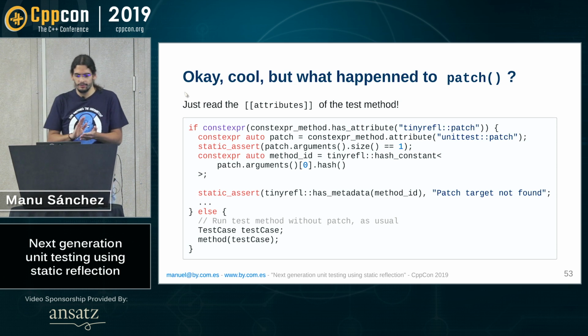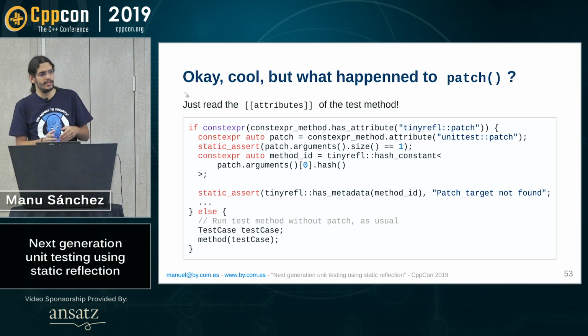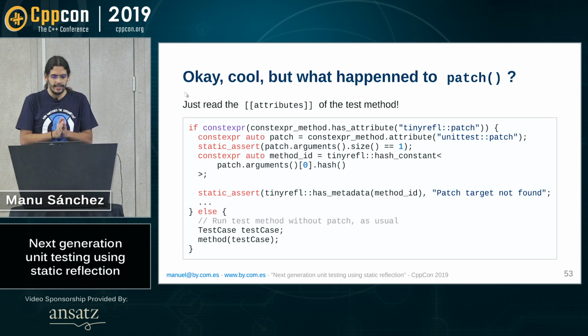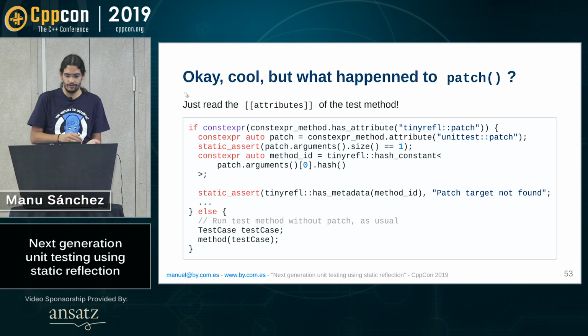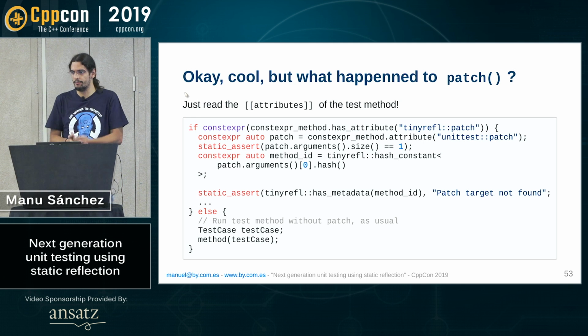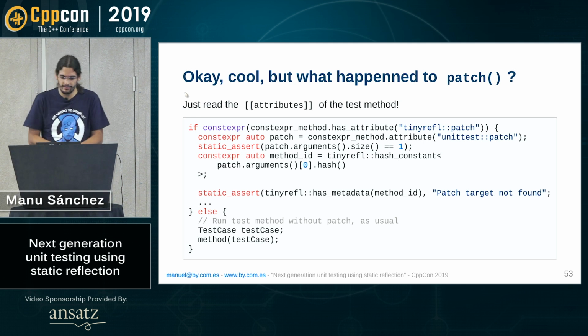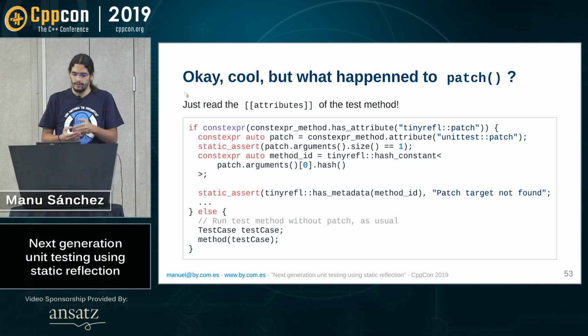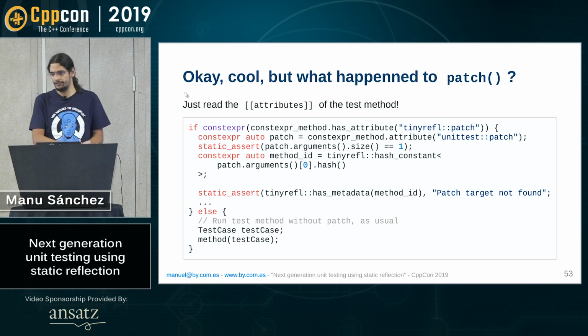Then we check through the reflection metadata API that it has a method called this way registered in the metadata. If this is not the case, this is an error, but this is a compile time error. You cannot patch with a wrongly named function. It will not compile at all.